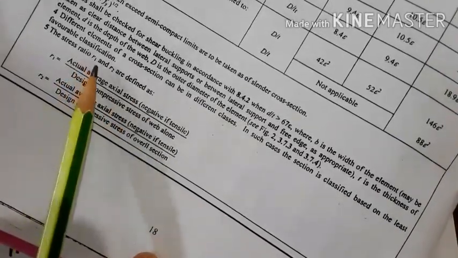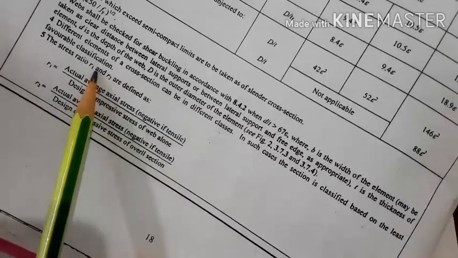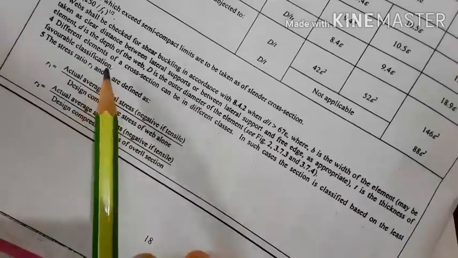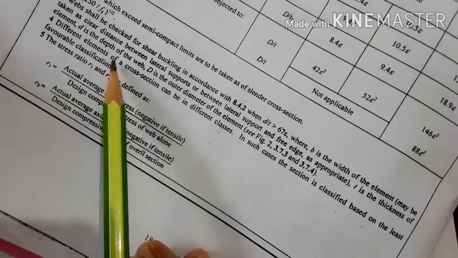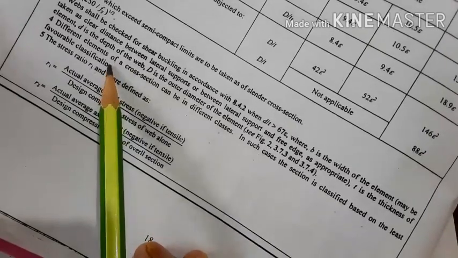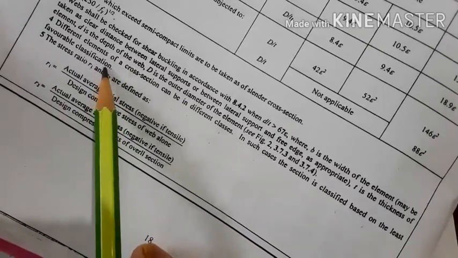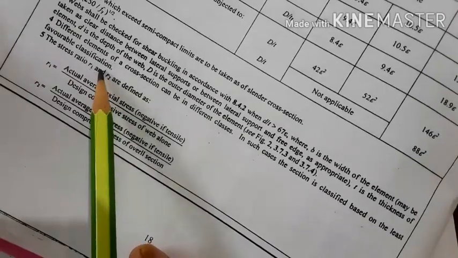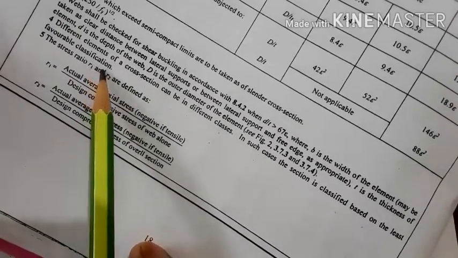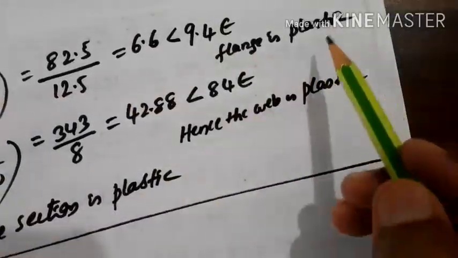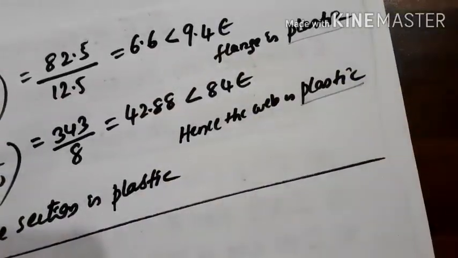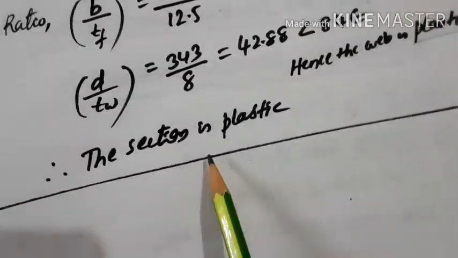least favorable classification, whichever is the least one. If we take plastic as the highest, next to plastic is compact, next to compact is semi-compact, next to semi-compact is slender, we have to take the least favorable classification. In this case, in the example we have taken, both are lying in plastic, hence the section is plastic.